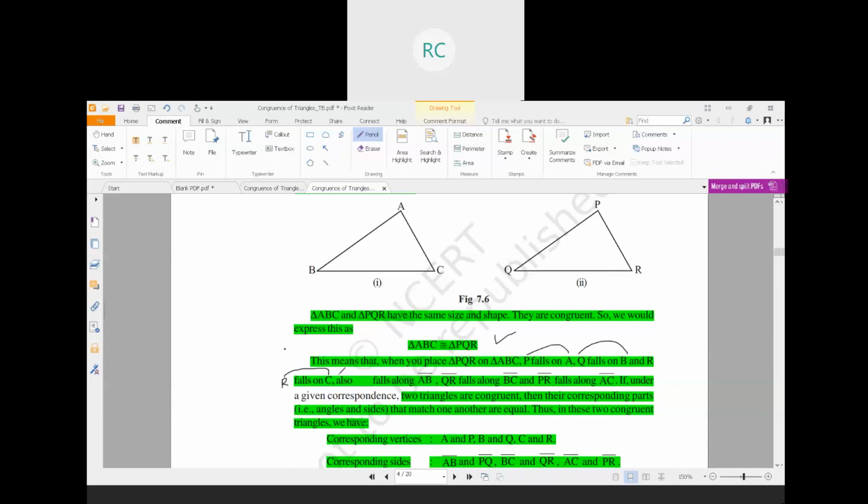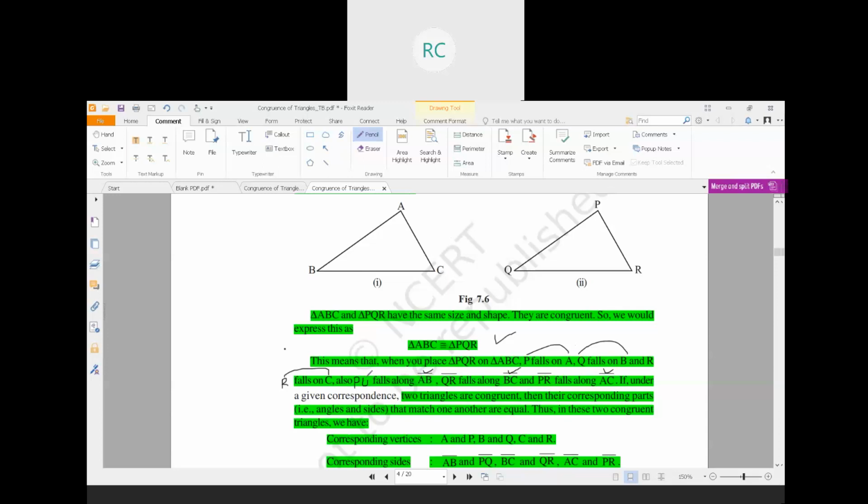Now, this we just talked about the vertices. What about the line segments? That is sides. So, PQ will fall on AB, QR will fall on BC, and PR falls on AC.